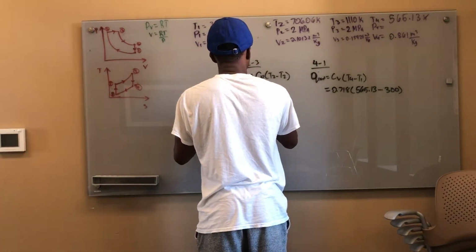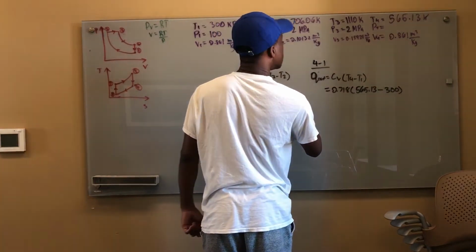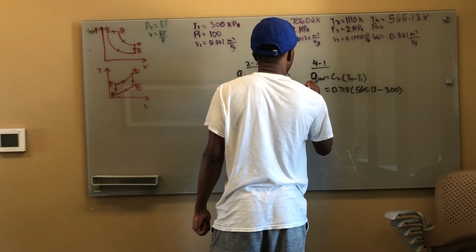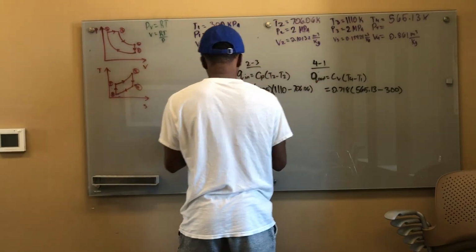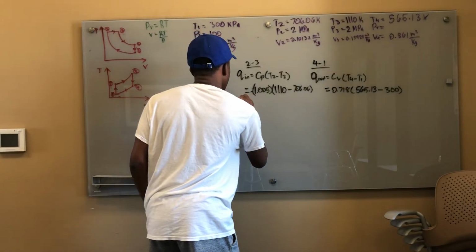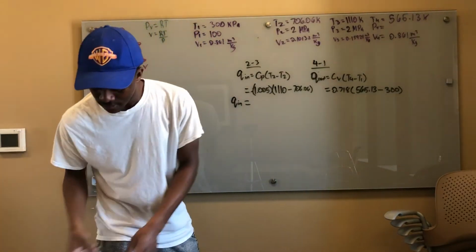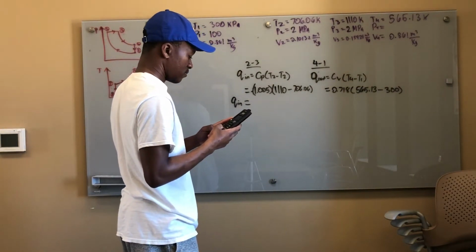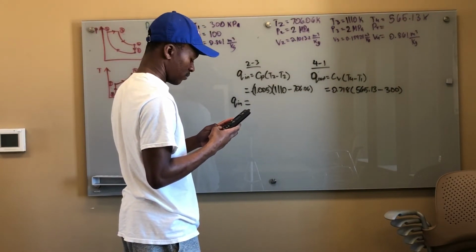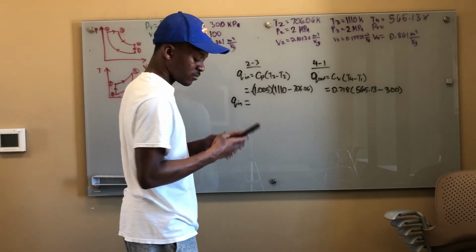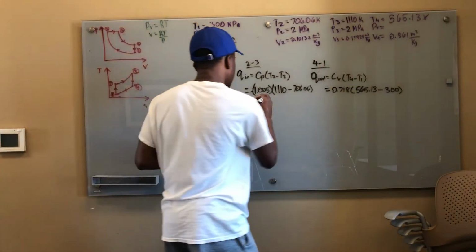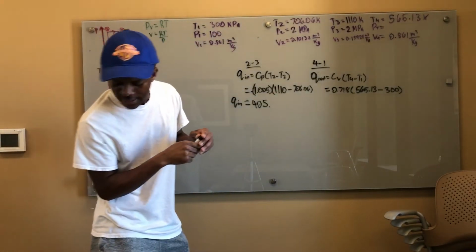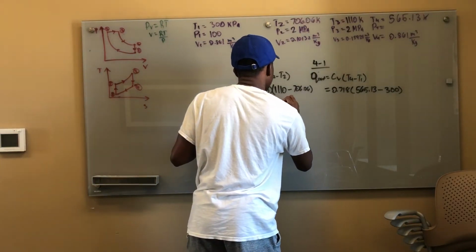T3 is 1110 minus 706.06. That gives my Q in as 405.96, and that's kilojoules per kilogram.